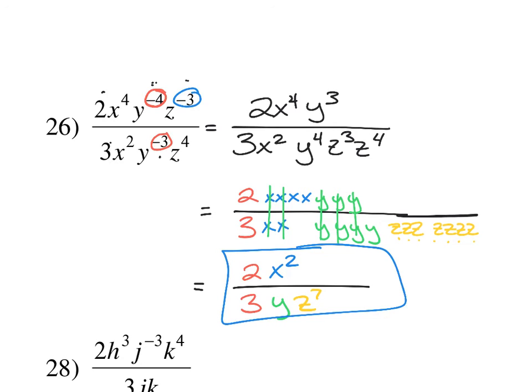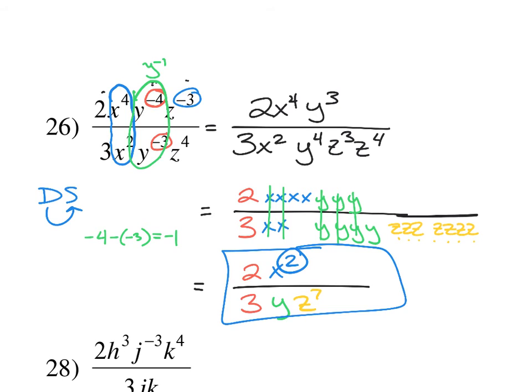And then if we have letters, we're going to take them piece by piece. My x's are divided. When I divide, I'm going to subtract. 4 minus 2 is 2. Then I have the y's. Again, I'm going to divide and subtract. -4 minus -3 is equal to -1. Which means that that -1 shouldn't belong up here.